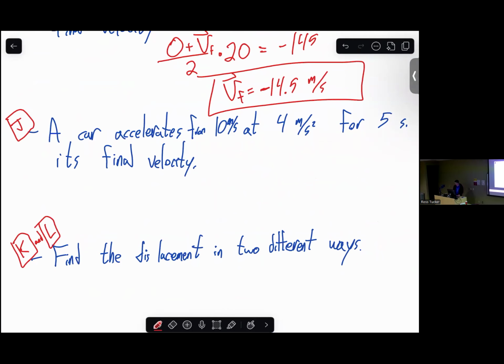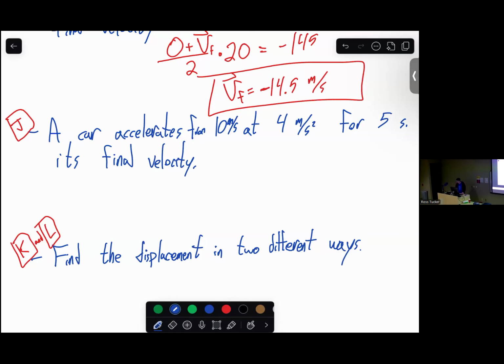For J, I'm just looking for a number, right? But for K and L, I want you to find two different equations that let you calculate the displacement. That means I'm not looking for the number, I'm looking for the equation that you apply to get the number, and I misspelled displacement.